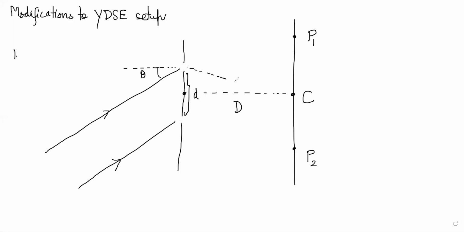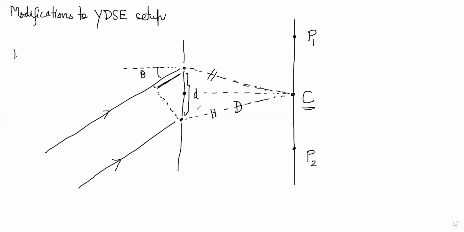At point C, the distance that the light ray covers after the slits is equal, so no phase difference there, but extra distance is covered by the light to reach the slits, right?